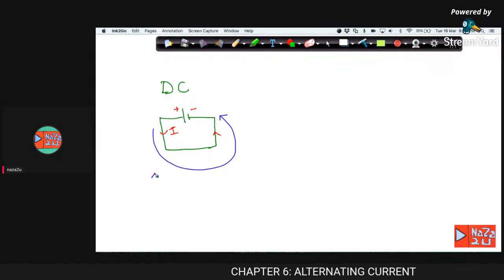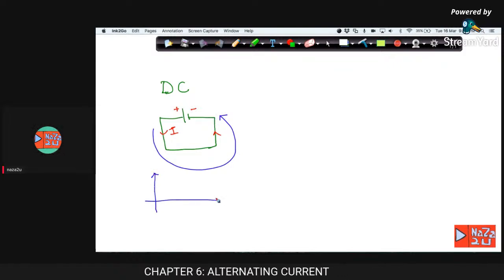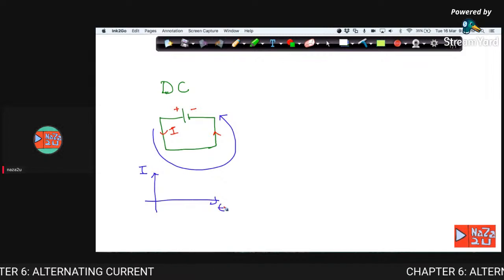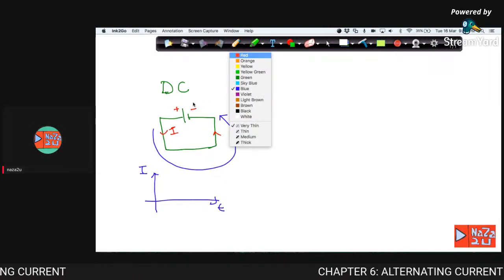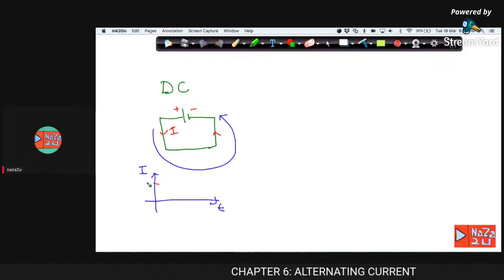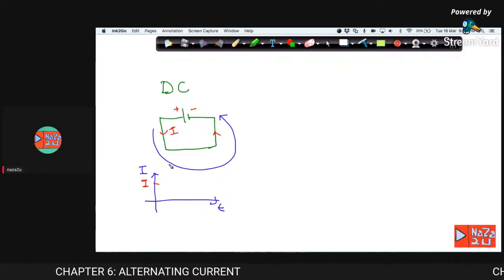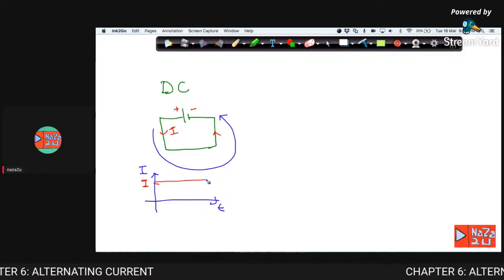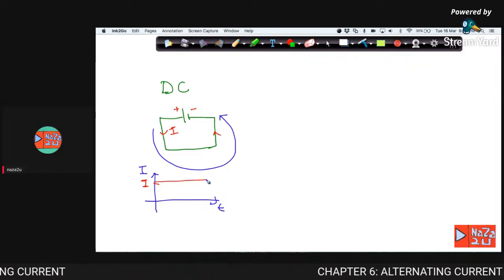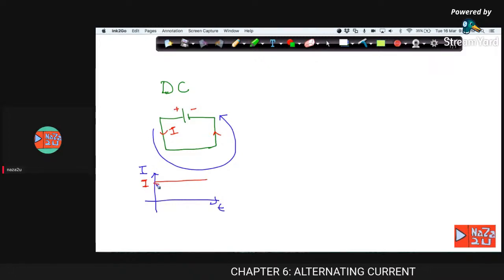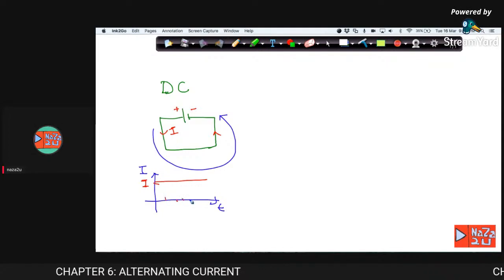So if you plot graph for the direct current, that is graph current versus time t. The graph here, let's say this is I, and the current flow in the circuit is constant. So this is the current flow in the circuit at any time here.